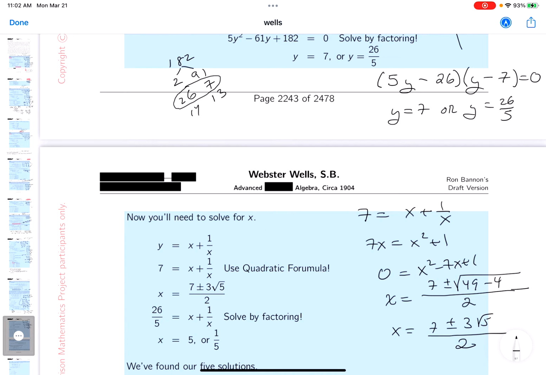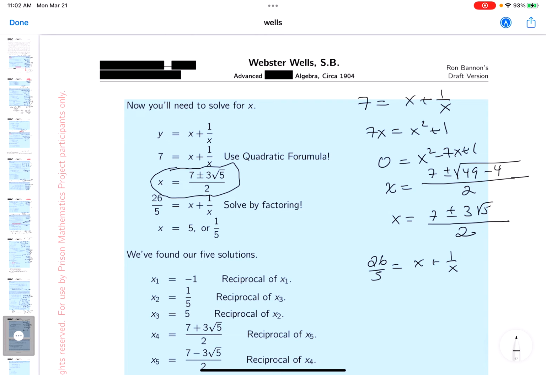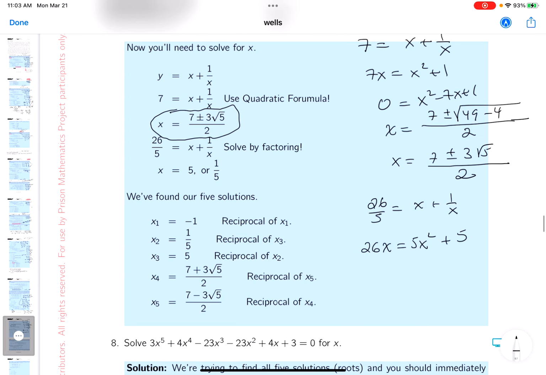Okay, I want to point out that answer is listed to you right here. Let's do the other one. The other one was y equals 26/5 now. That's x plus 1 over x. I can multiply both sides by 5x. 26x, 5x squared, and you're going to get 5 here. Let's see if we can solve that equation.